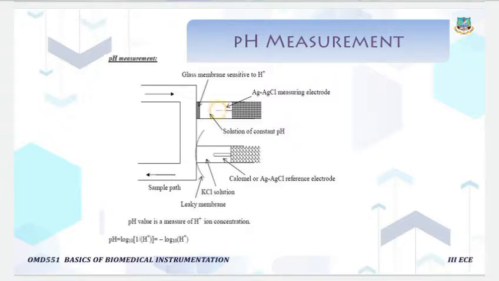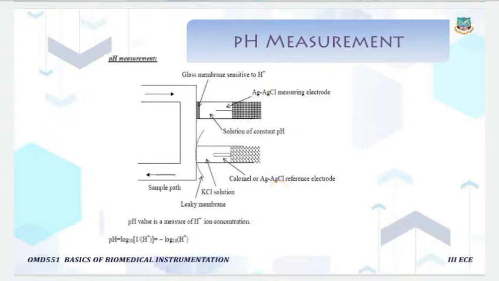So there will be some variation in the potential at the measuring electrode due to the H+ ions. The reference electrode produces a constant potential irrespective of H+ concentration in the sample.